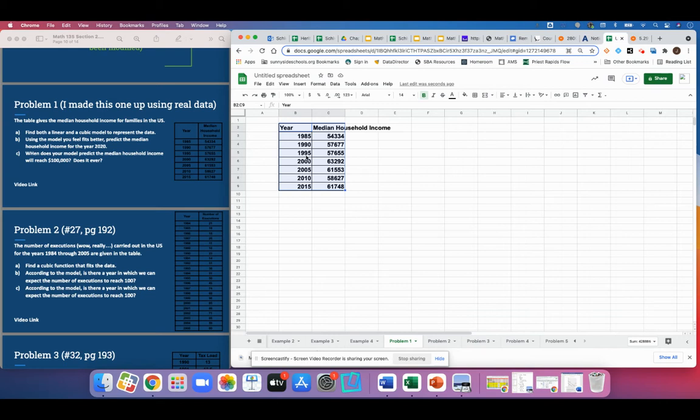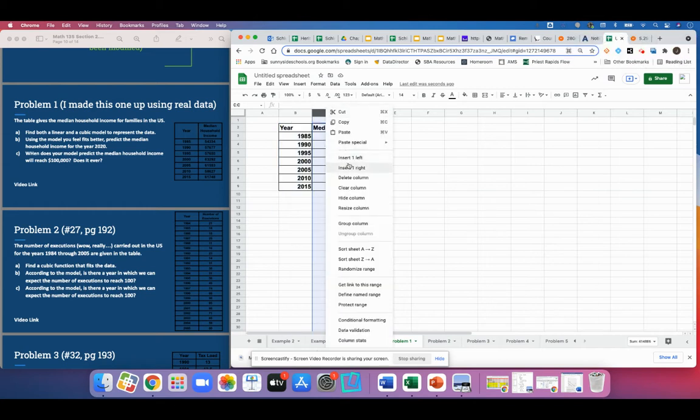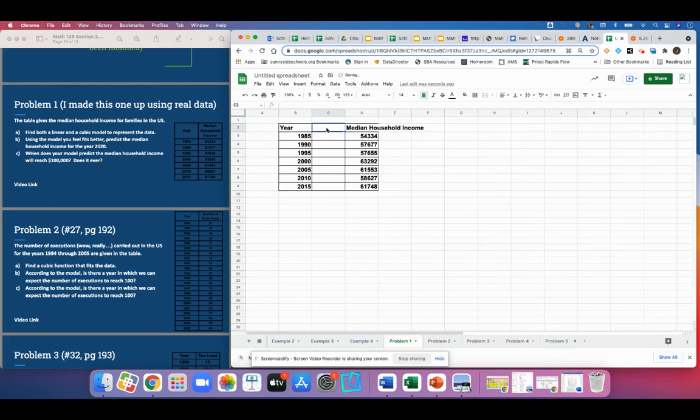So again, we don't want these as x values because they're huge numbers, and so it creates problems making the equation. So we're going to create a column and call it years past 1985.